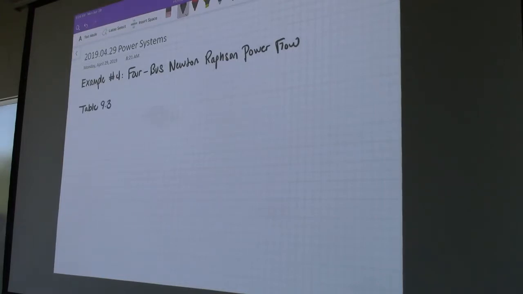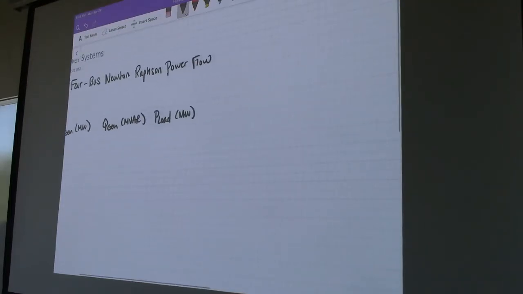Table 9.3 shows that for buses 1, 2, 3, and 4, we have P gen in megawatts, a Q gen in megavar, a P load in megawatts, and a Q load in megavar.